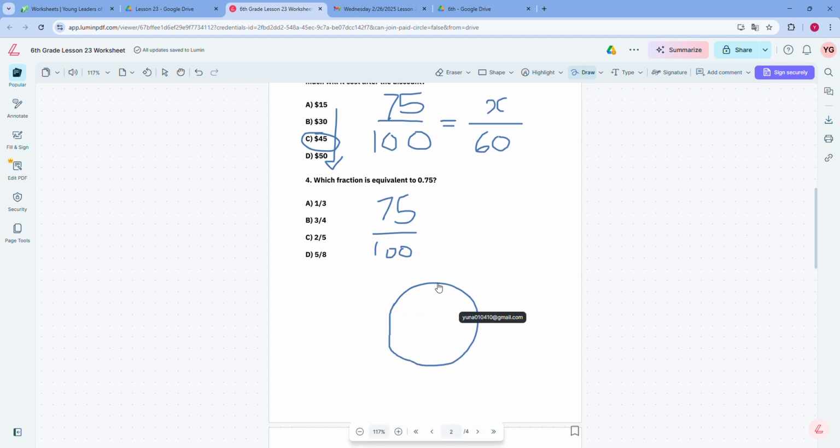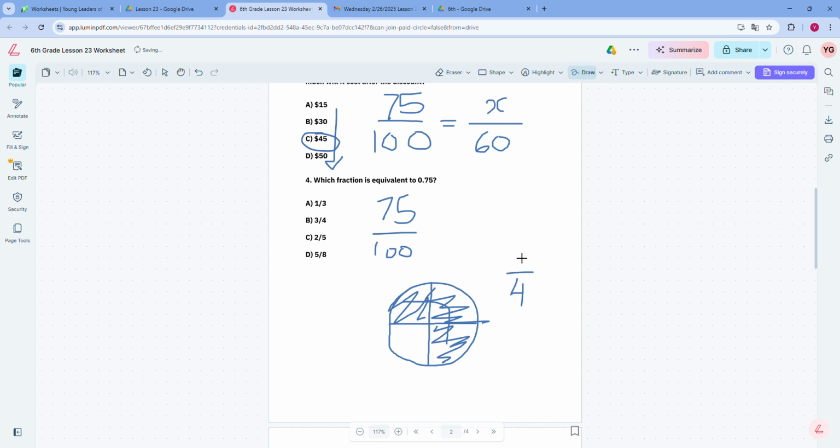Imagine that you have your circle. This is 25% of the circle, right? Which is 1/4. Since the circle is 100 and this small part is 25, it would be 25, 50, 75, 100. So there's 4 parts in this circle, and we filled in 3, which is 75.